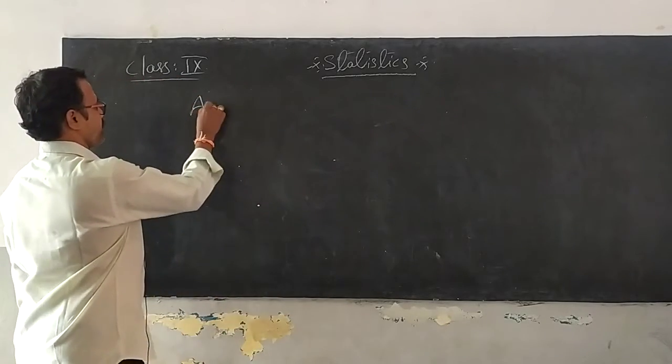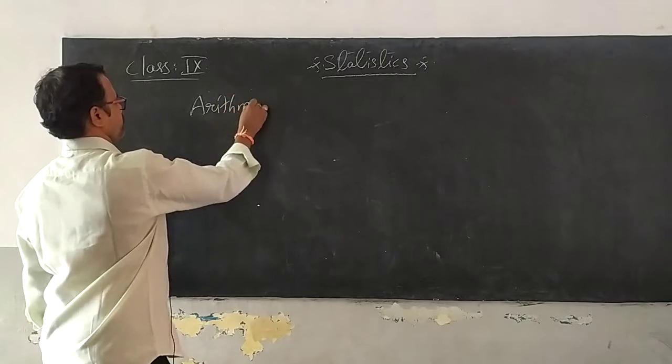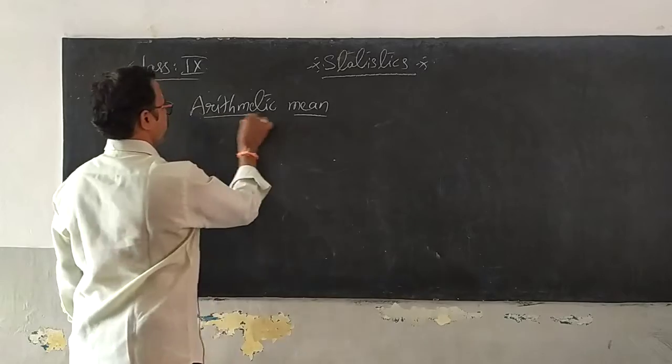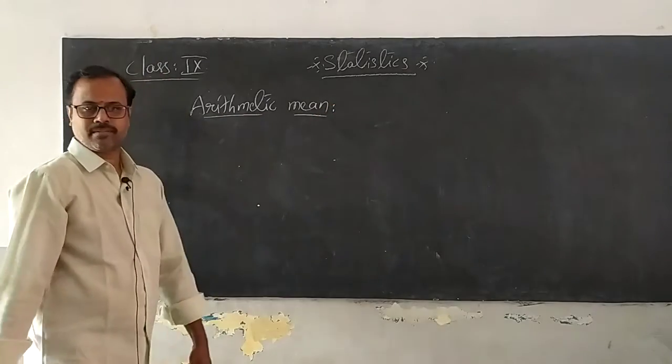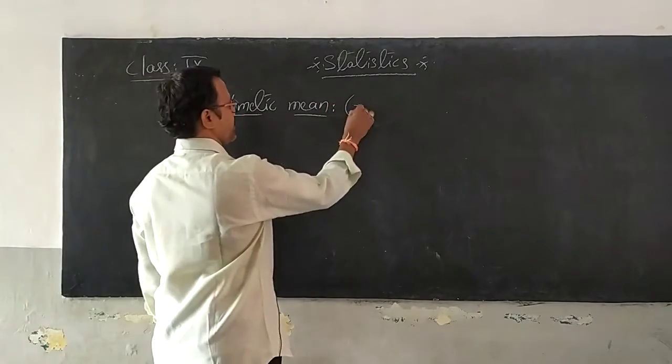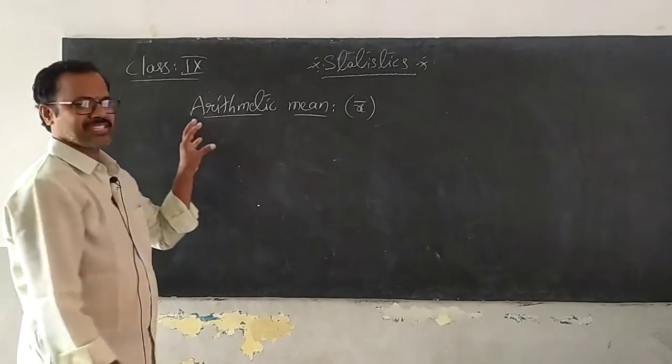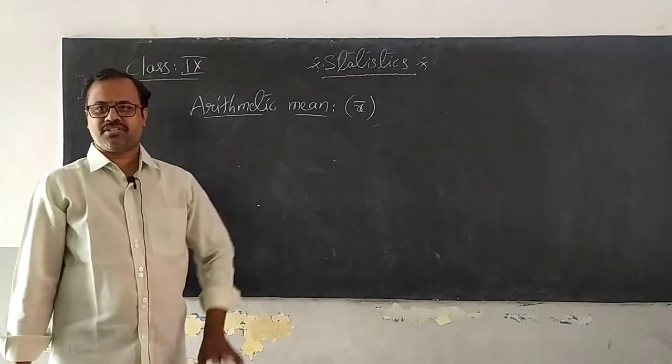Okay, arithmetic mean. So or simply you call this one as mean. It is denoted by the letter x bar. Okay. So arithmetic mean is nothing but the average.